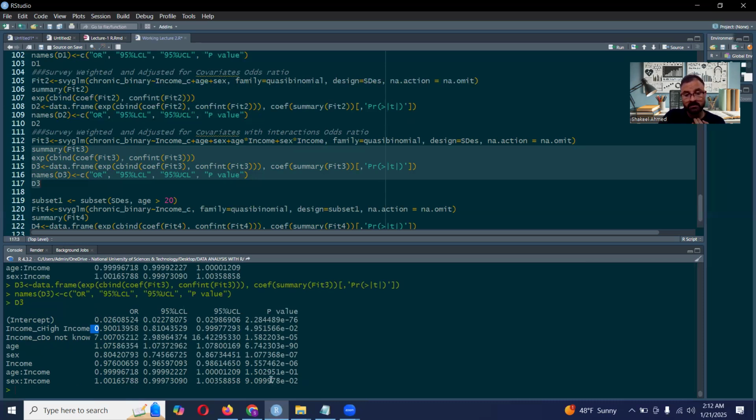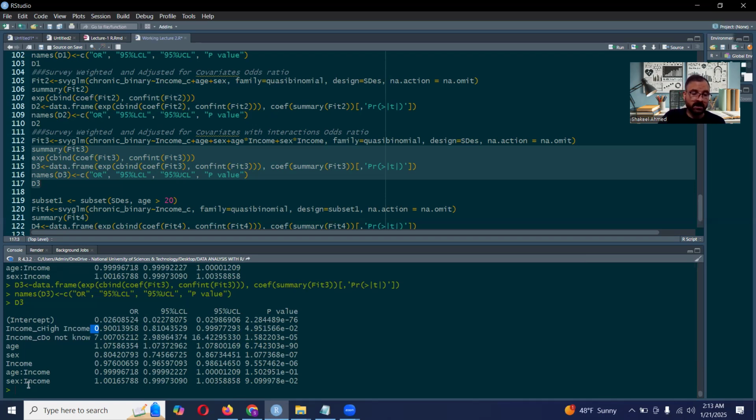As you can see, the p-values are larger, 0.15 for age and income interaction, and 0.09 for sex and income interaction. So this is not much significant, and we can ignore these interactions in our analysis.